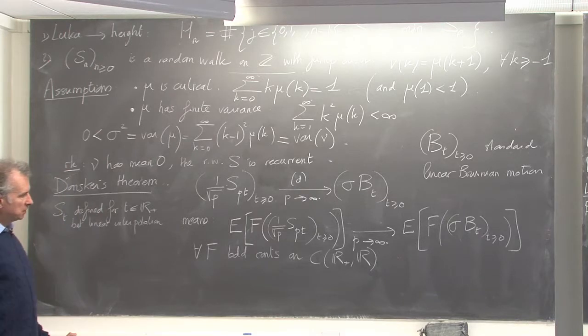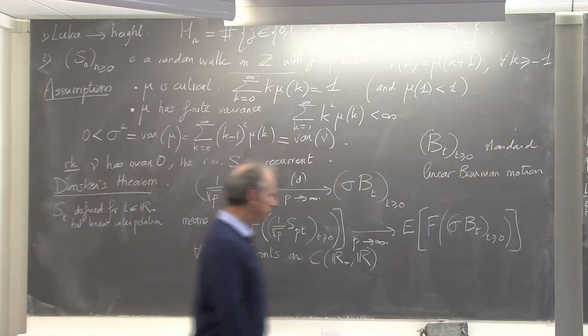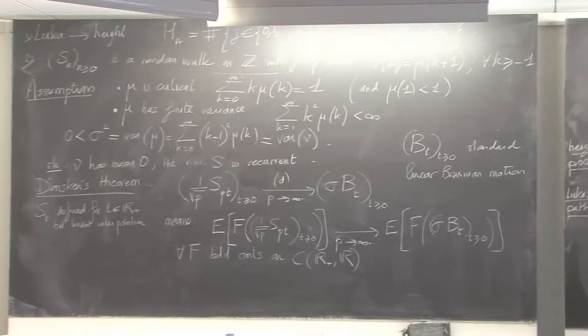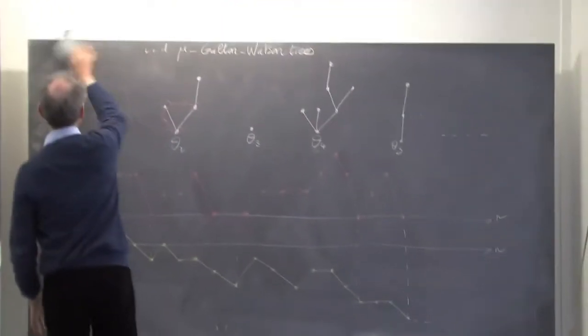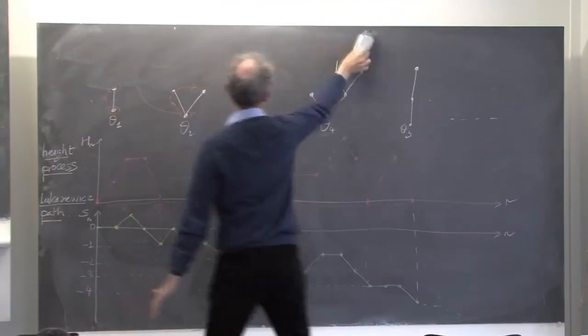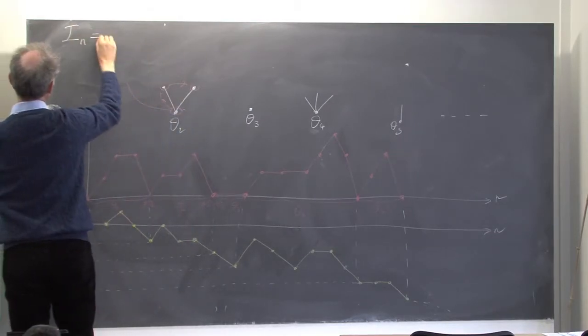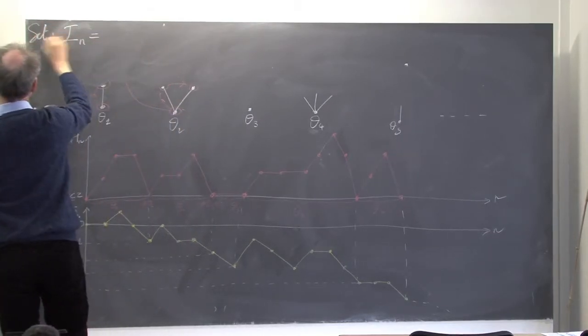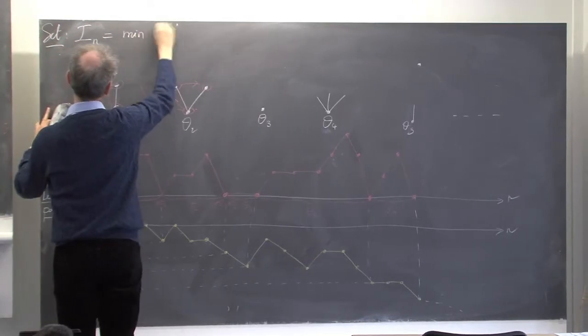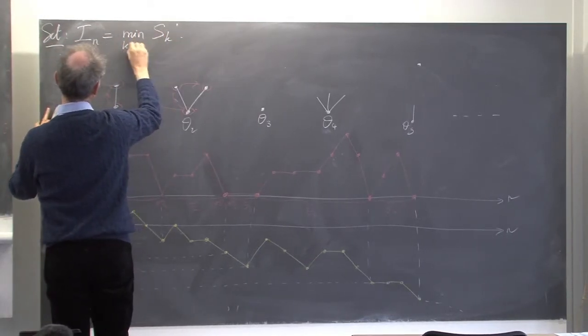So perhaps I will make a remark about that. I will introduce some notation. I will write I_n. This will be the minimum value of S_k for k less than n.